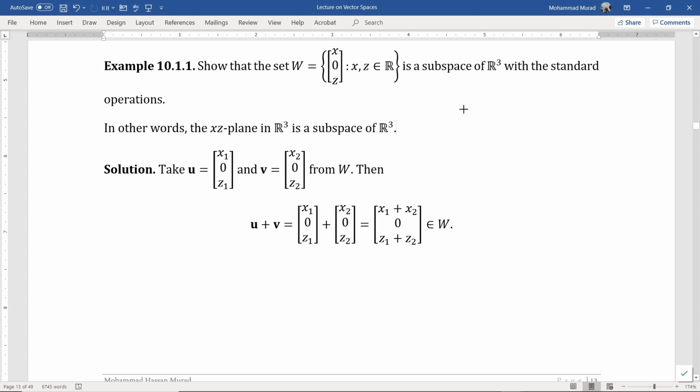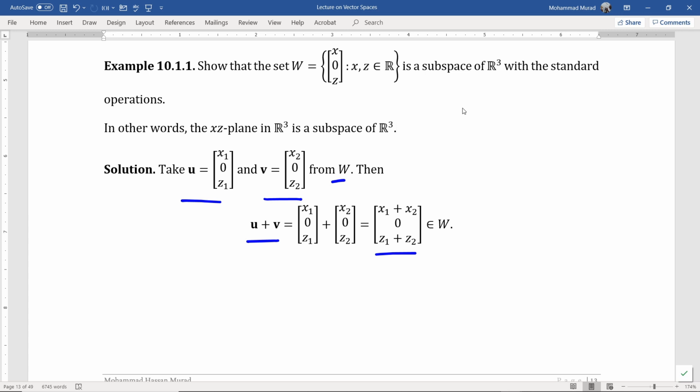To show that W is a subspace of the vector space R3, we need to show that W is closed under vector addition and W is closed under scalar multiplication. So we take two vectors u and v with the components as shown from the set W. Then we add these two vectors, which gives the vector with first component x1 plus x2, second component 0, and third component z1 plus z2.